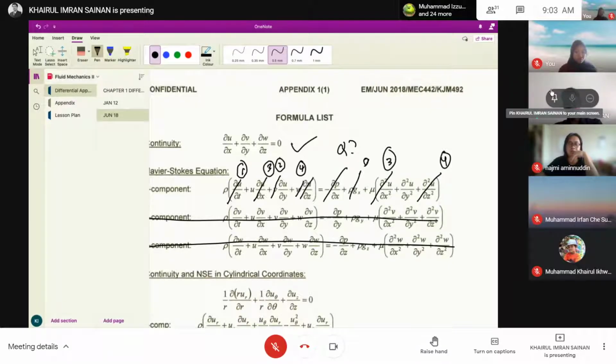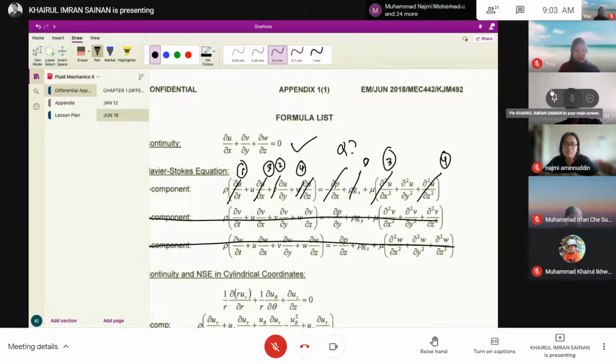Del over del t equals 0, so that's what we cancel out. Can I cancel out u? No, because our velocity is actually in x direction.